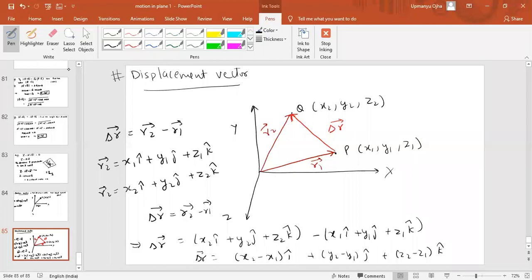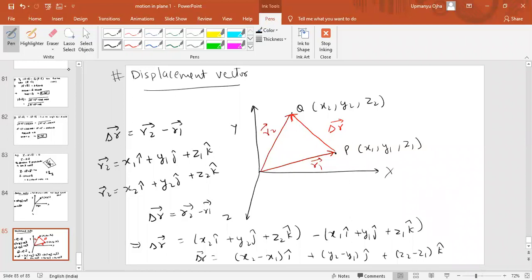So one question we'll practice, then your vectors is over. From tomorrow we will start projectile motion. Then we have one more topic, that is relative velocity 2D.